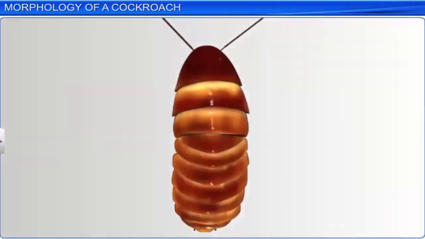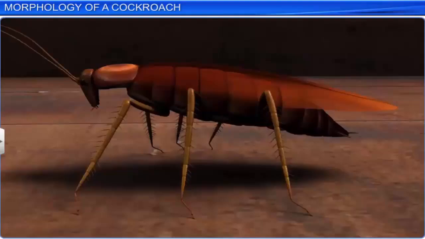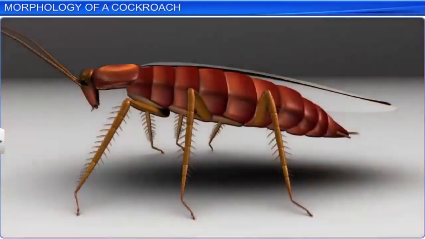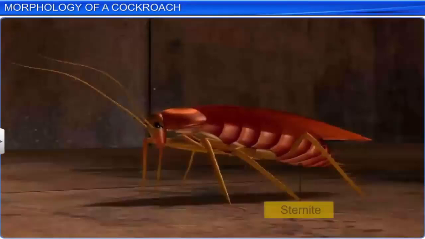In each segment, the exoskeleton has hardened plates called sclerites, which are joined to each other by a thin, flexible, articular membrane called the arthrodial membrane. The sclerites on the dorsal side are called tergites, and on the ventral side they are called sternites.